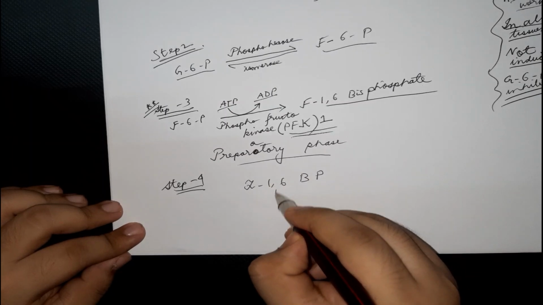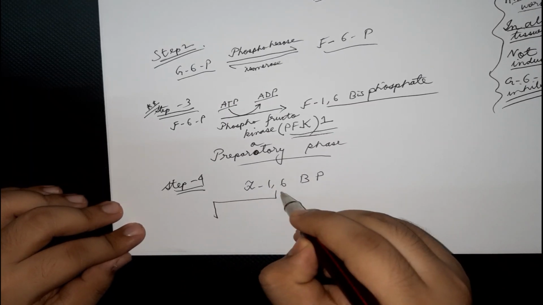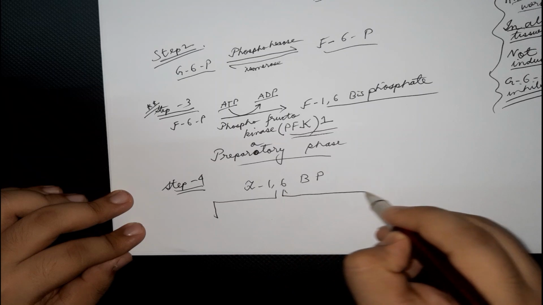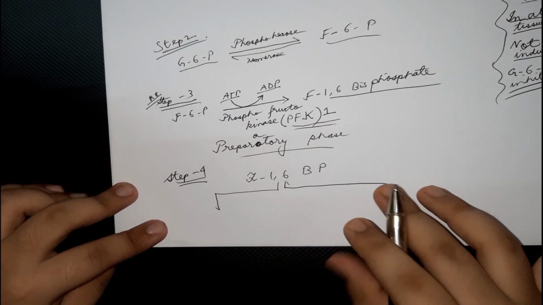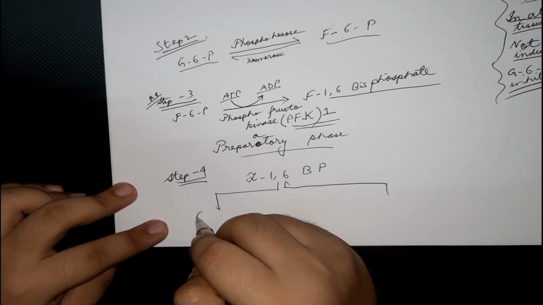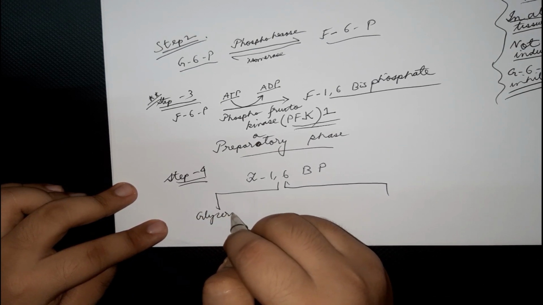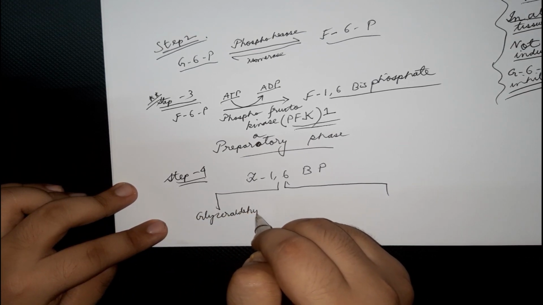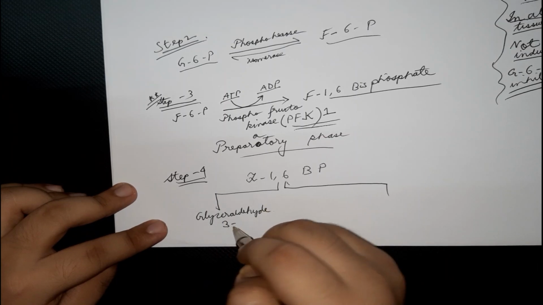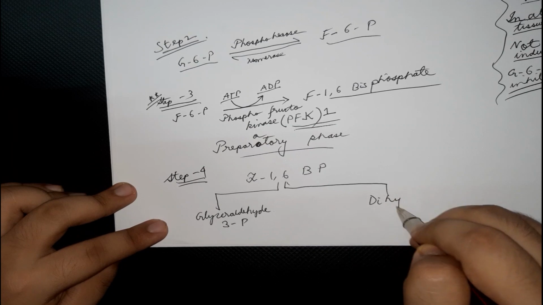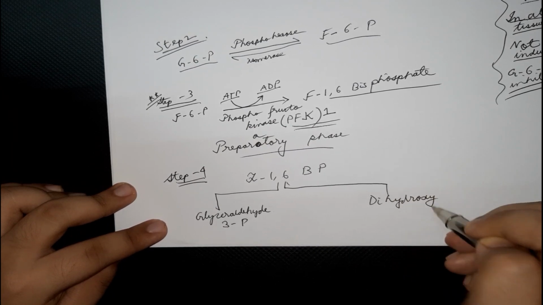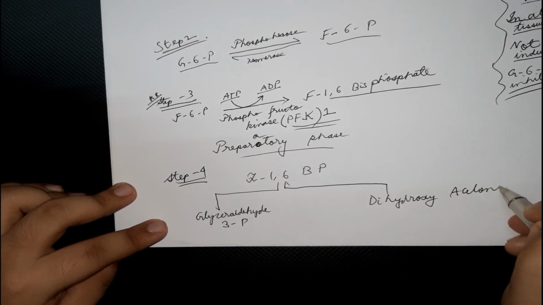So fructose 1,6 bisphosphate is reversibly split into 2 things. The first is glyceraldehyde 3-phosphate, and the other is dihydroxyacetone phosphate.